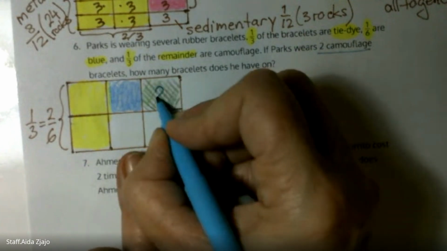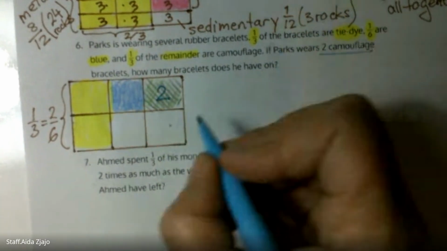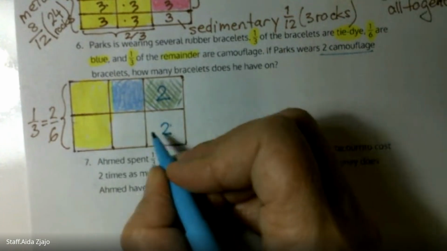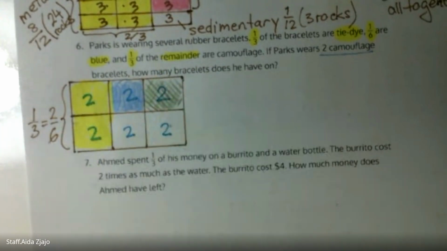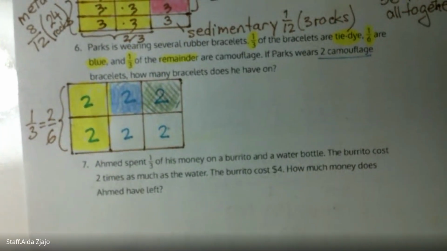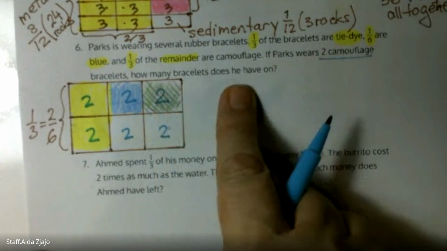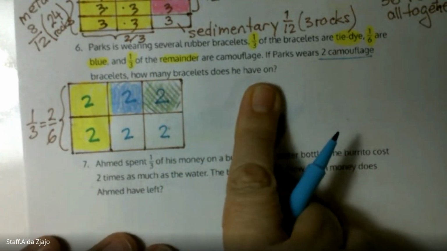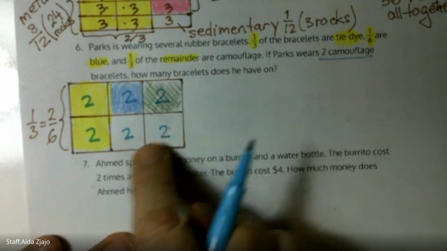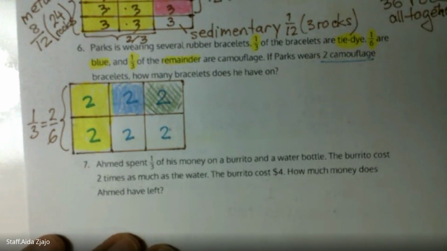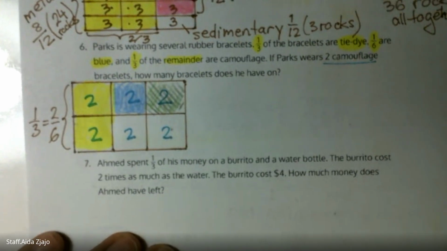So two are here in camouflage. Then everything else is going to be counted as two. So how many bracelets does he have on? He has 2, 4, 6, 8, 10, 12 bracelets. He has 12 bracelets.